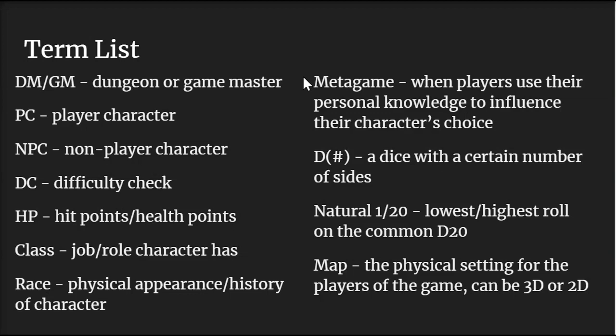Next is HP, which is hit points or health points. This is how much constitution or health a player character has. It is helpful in combat when characters need to fight things to know how healthy they are. The class of a character is the job or role a character has. In a TTRPG, usually this involves different constructs of magic ability or fighting ability.